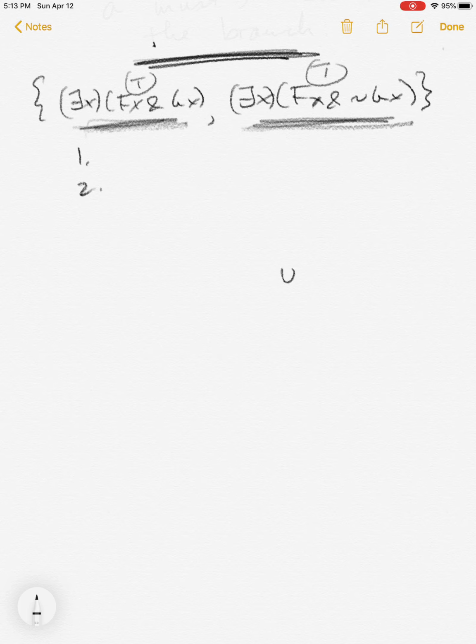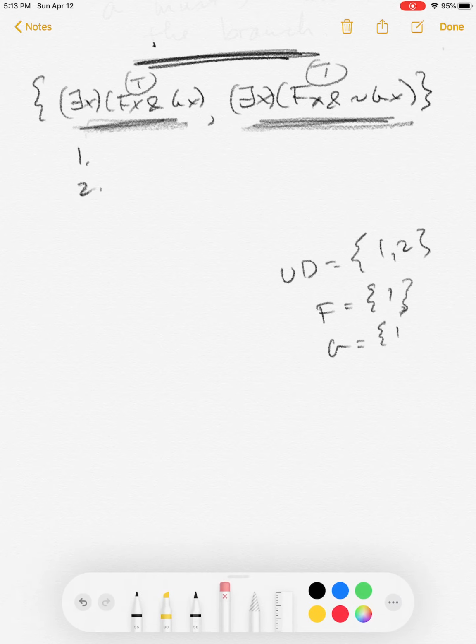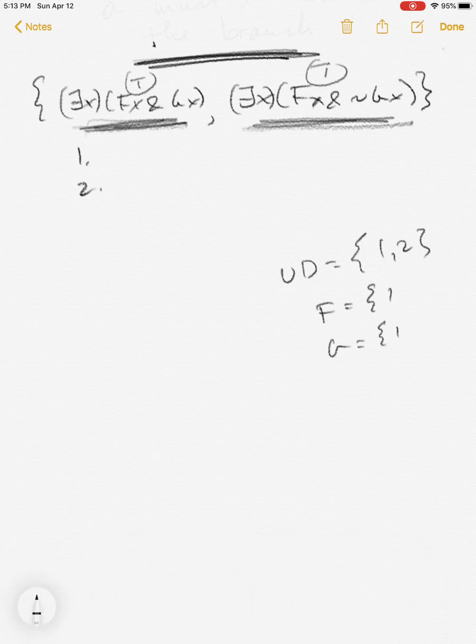Do you want me to give you that interpretation? It would be something like, we have two things in it. We put 1 into both F and G, thereby making this true. That's the thing that's F and G. But we also need to have something that's F but not G. So we're going to put 2 into F, but we leave it out of G. So both of these turn out to be true on that interpretation.